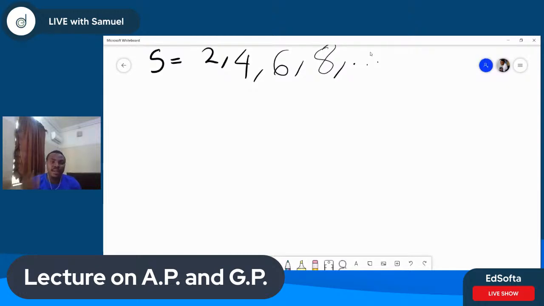So let's use our formula and see if we can find the fifth term, because here we have the first term, which is 2. This is our A. We have our T2, we have our T3, and we have our T4. Mind you, our A is also the same thing as our T1. So let's say we are to find our T5.